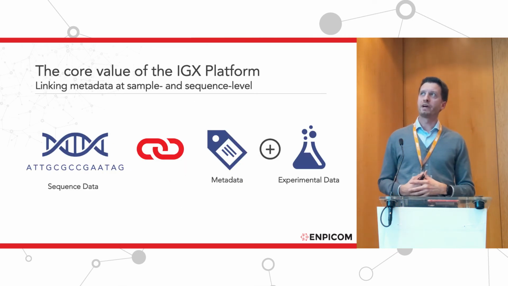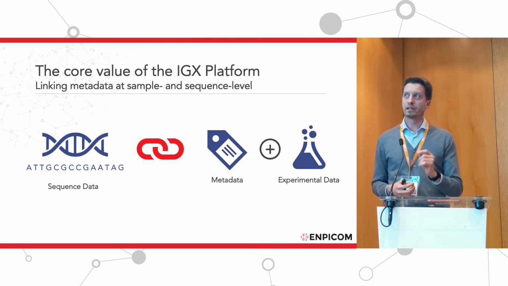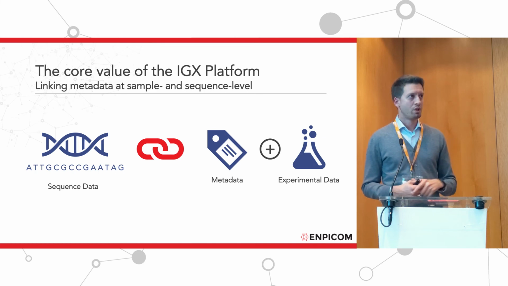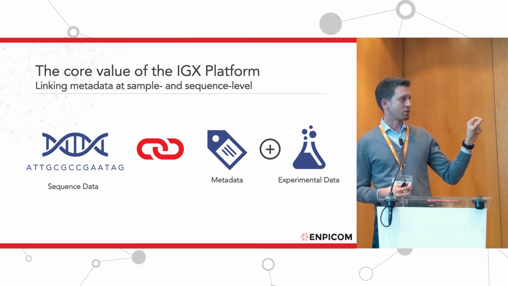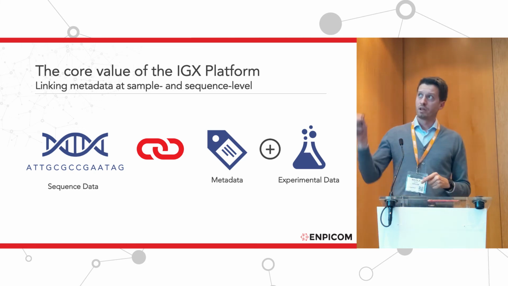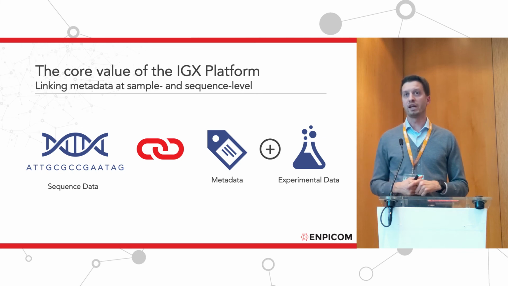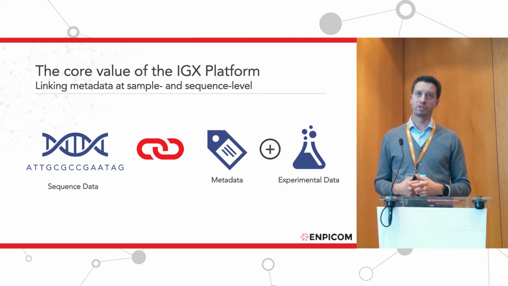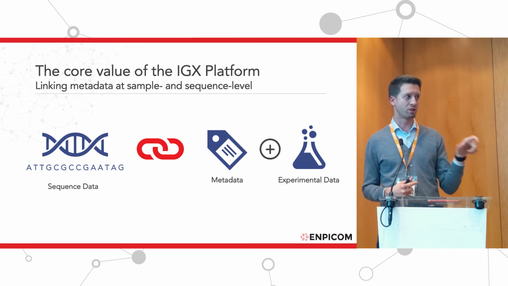One of the core values of the platform that we developed is the ability to link metadata and experimental data at specific clone level, which means that you are able to associate, for instance, ELISpot or early ELISpot analysis to specific clones, and have all the different, for instance, avidity or affinity analysis that you're performing, if you have that available at the sequence level, as well as annotation regarding the specific epitopes recognized by the single clone.